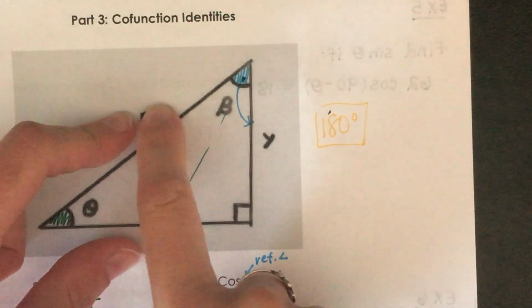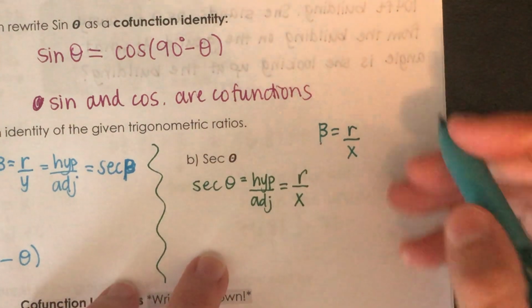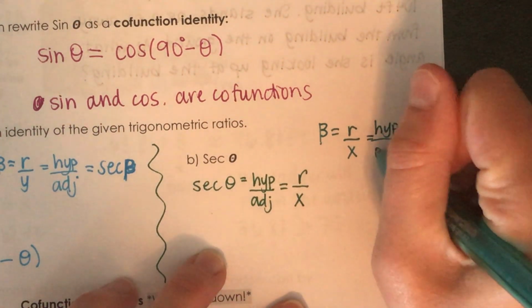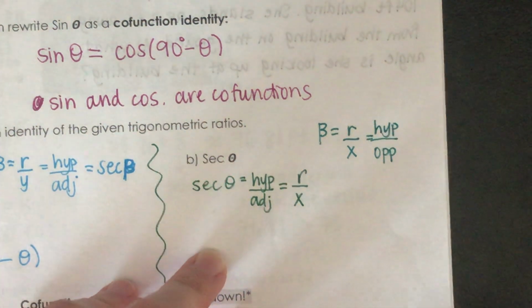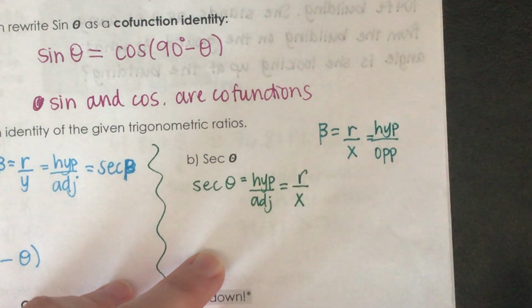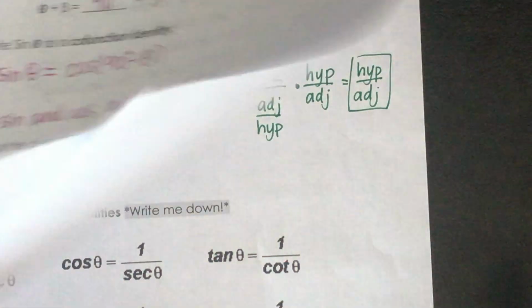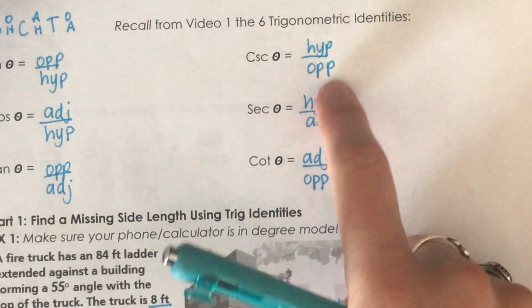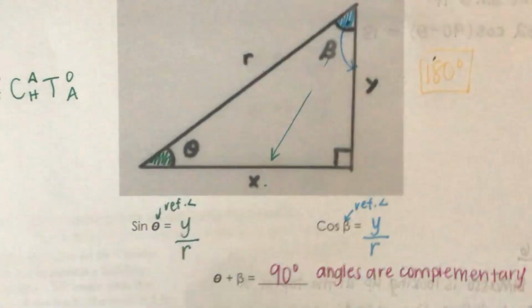So it's hypotenuse over opposite. And then I go back to my functions and I say, okay, which trig function is hypotenuse over opposite? Ta-da. Hypotenuse over opposite is cosecant.